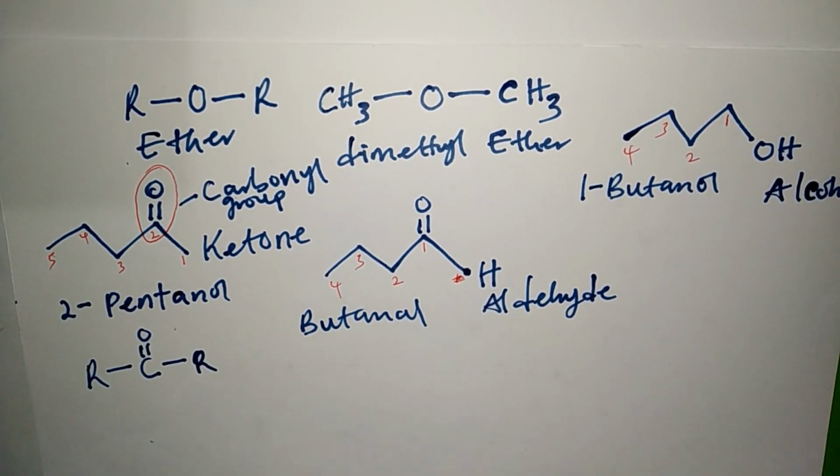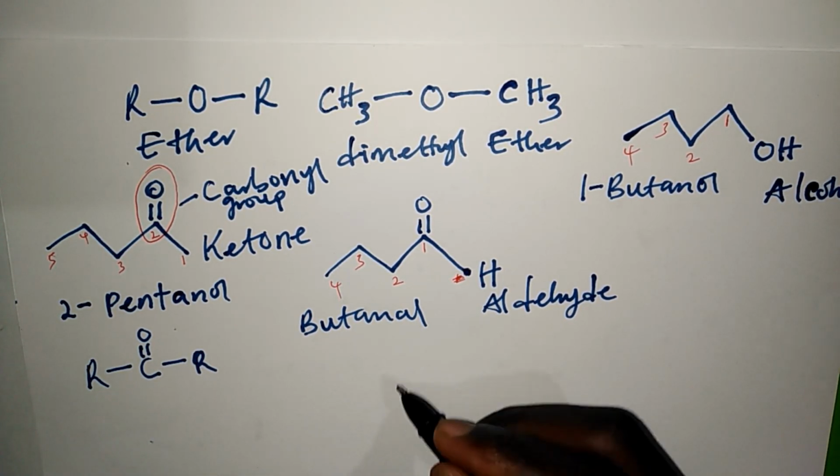Ketones usually carry R, a hydrocarbon chain, and then we have the carbonyl carbon and then R again at the other side. So this R could be methyl, it could be ethyl, it could be propyl, it could be butyl, and so on and so forth.